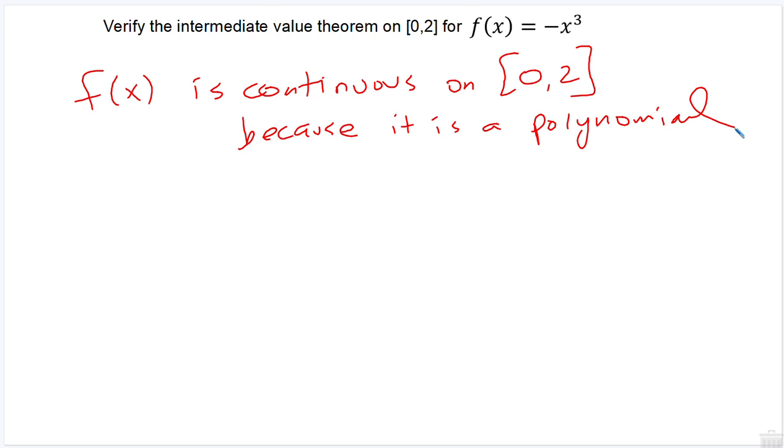So what we need to do then is figure out what f of 0 is and what f of 2 is. And so f of 0 is just 0. And f of 2, we'd get negative 8 for that.